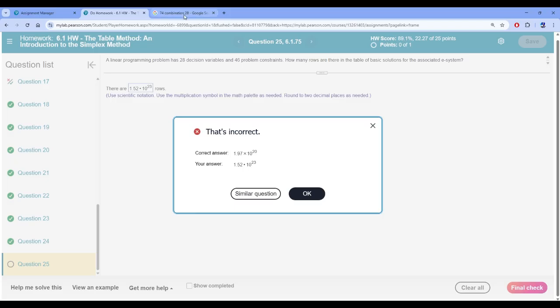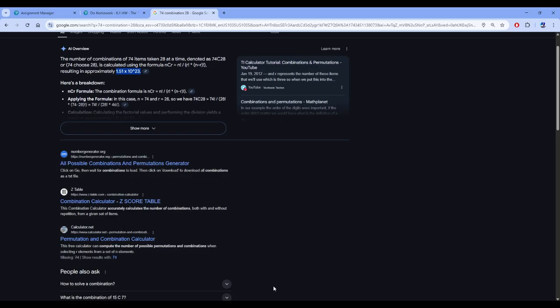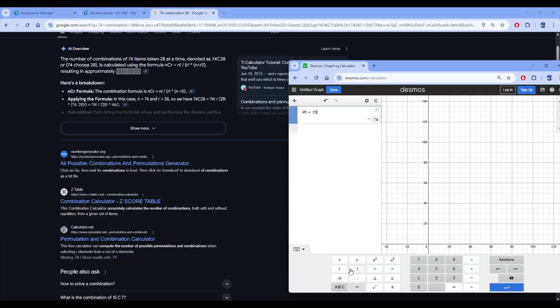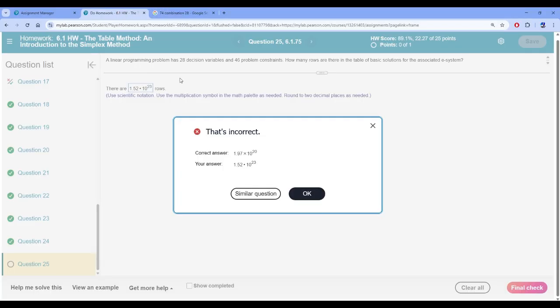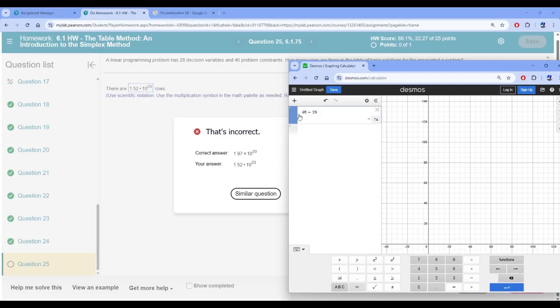46 plus 28. 46 plus 28 is 74. 74 choose 28.